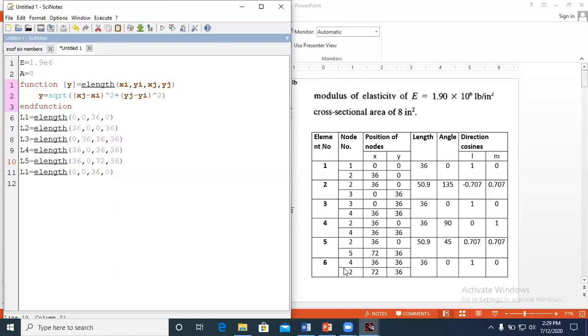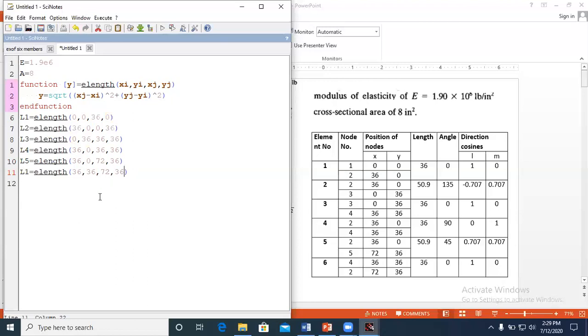Next, for element number 6, coordinates of node number 4 are 36 36 and node 5 is 72 36.